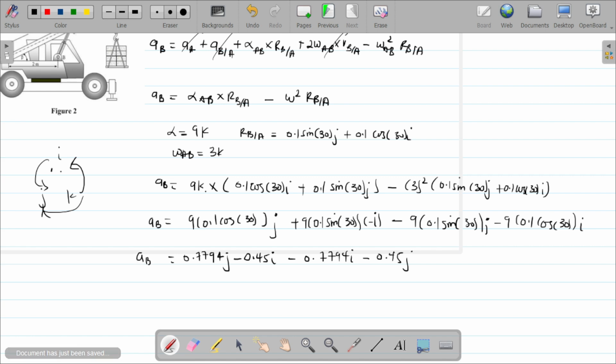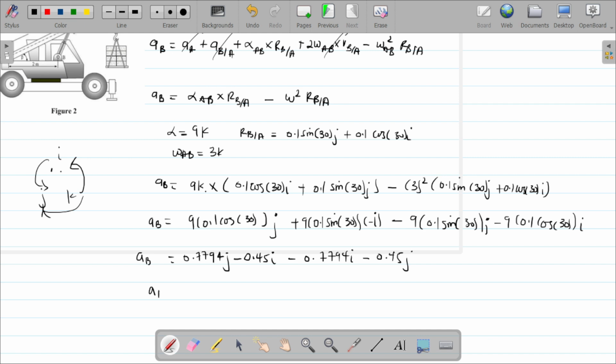So from here we can group them together. So we have 0.7794 j minus 0.45 j, so 0.7794 minus 0.45.